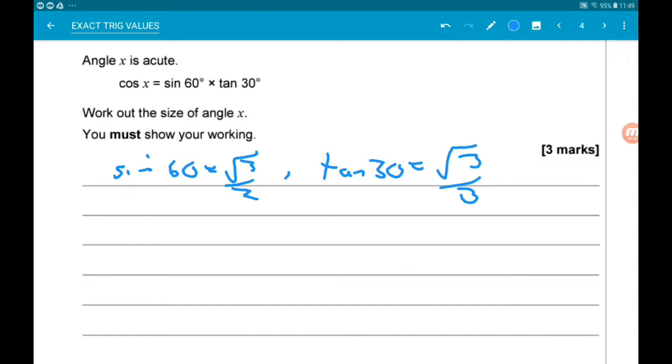That means then that cos of x is equal to root 3 over 2 times root 3 over 3.